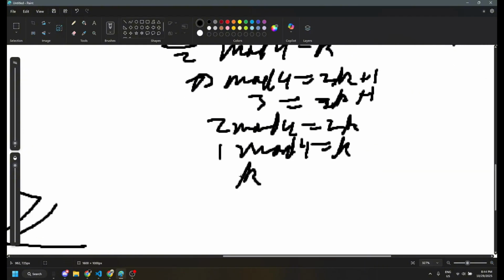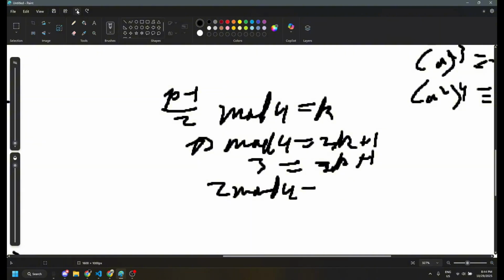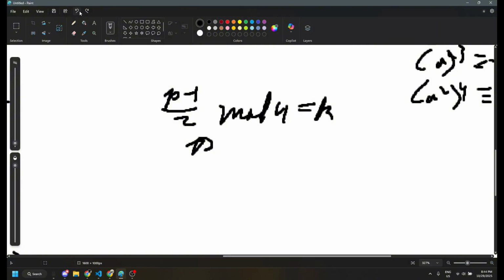So that gives us our exponent. Could I just plug that in? Yeah, I could have. I don't even have to have the k. I could just plug what p mod 4 is in. So plug 3 in. So p is congruent to 3.